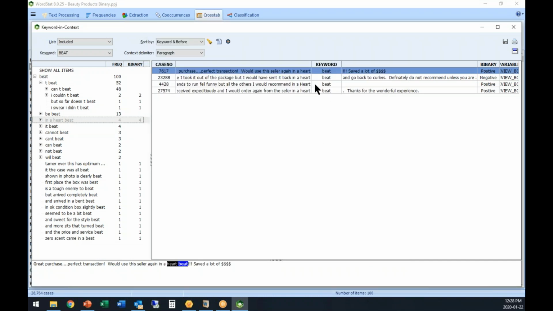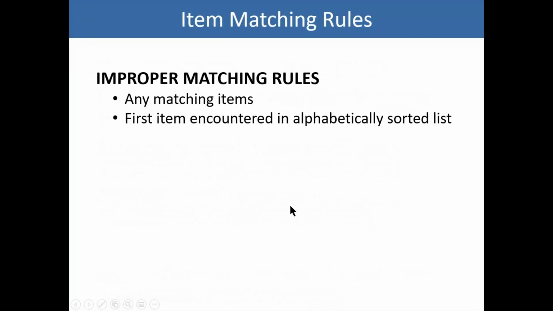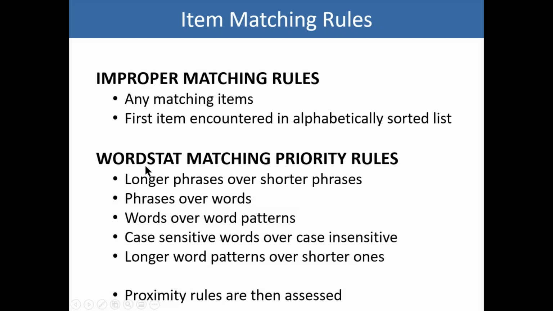The idea is that WordStat has a specific rule, and let me actually go back here to the PowerPoint. WordStat has a set of rules that a phrase will have precedence over words. So when I have a phrase, words that are part of the phrase will not be categorized if the word appears alone.